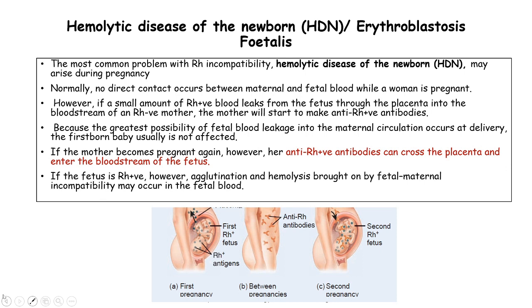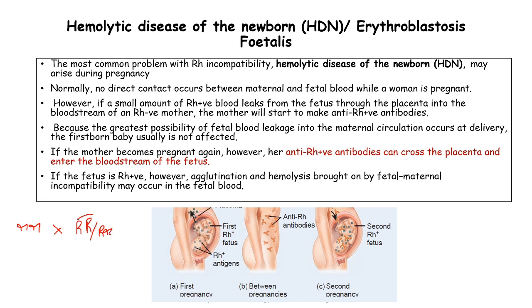There might be two conditions. Woman as Rh negative means the woman will always be small r, that is Rh negative. And if she is marrying an Rh positive individual, Rh positive means he can be either homozygous or heterozygous.